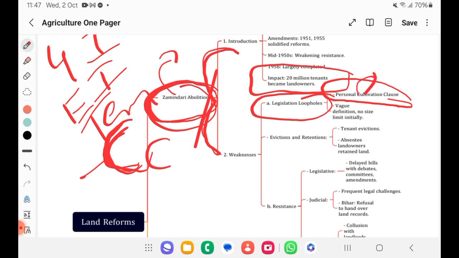What is said to be personal cultivation? Then the definition was vague, no size limit initially. So these were the legislative problems. Evictions and retentions. So tenants also lost their lands because landlords evicted them from the land to retain the land with them.